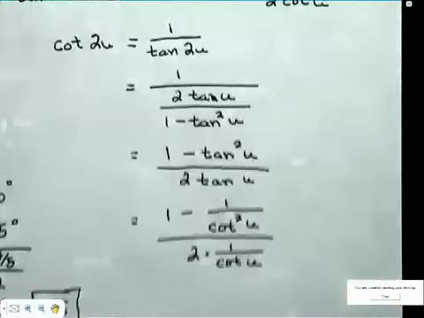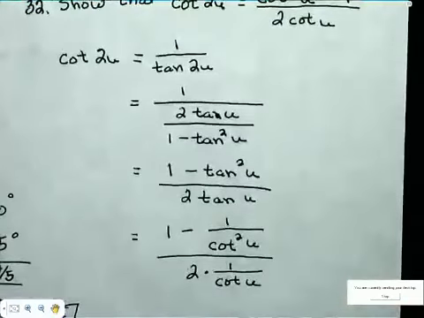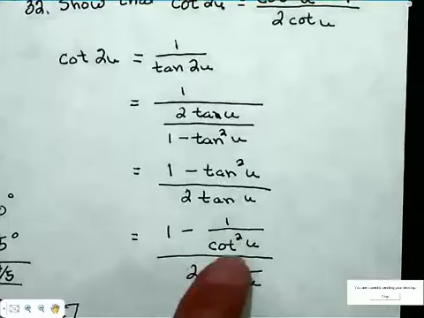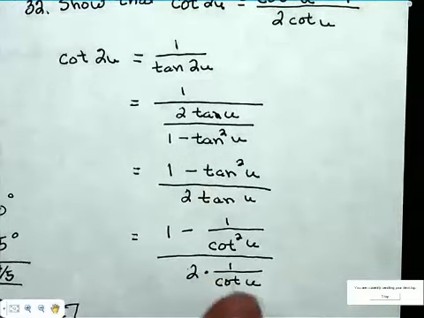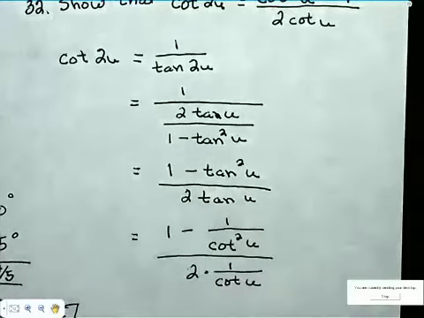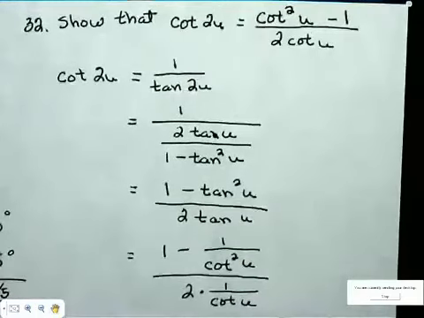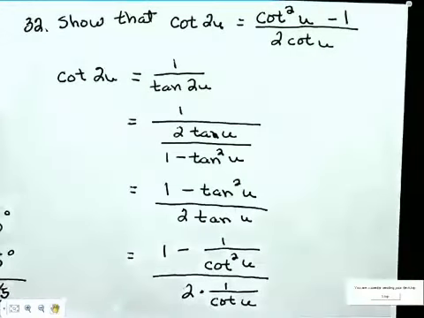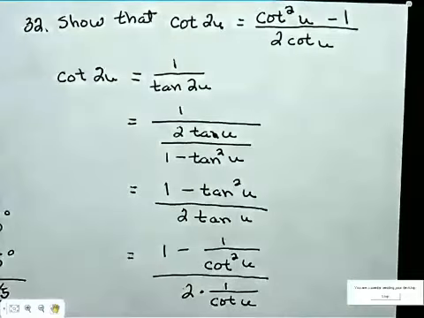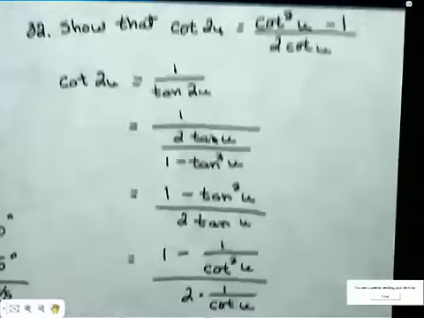Make sure that every line is equivalent to the line above it. 1 over cotangent square is tangent square, and 1 over cotangent is tangent. But it still doesn't look like this. Any ideas?